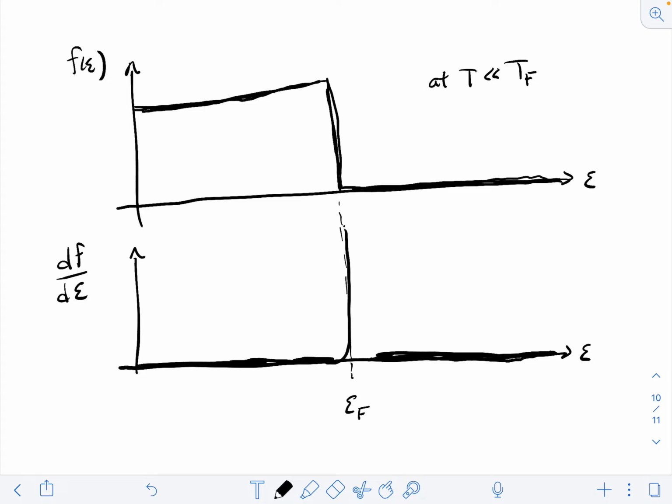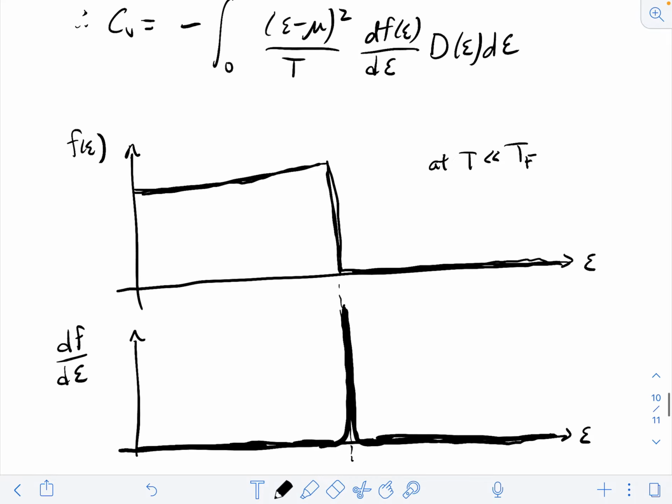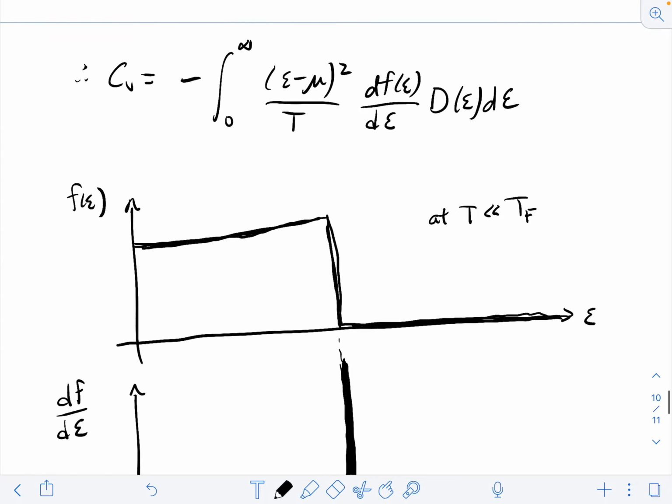And so that means that this derivative spikes up. It becomes a very huge value just at the Fermi energy. And so if we think of what the integral means, it's kind of adding up all the contributions from a wide range of different energies.